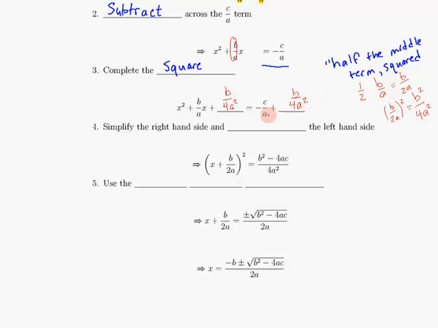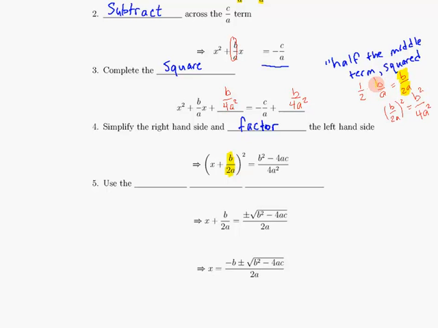Now we simplify the right-hand side and factor the left-hand side. Now the factoring looks complicated here because we've got to factor this expression. But remember the shortcut. The shortcut told us that the thing that goes inside is simply the result of taking half the middle term.